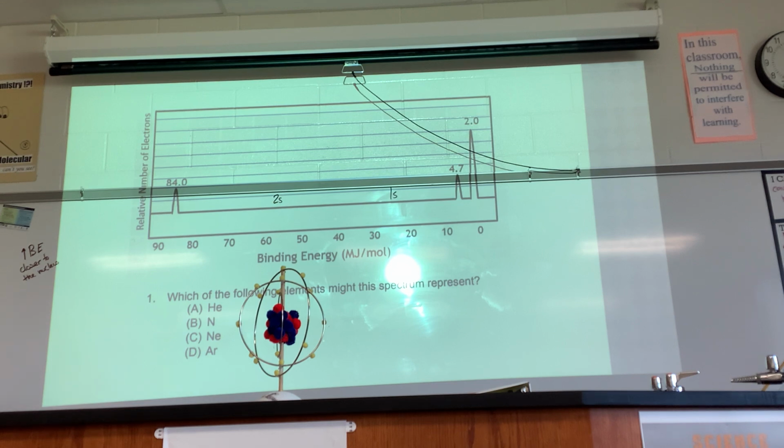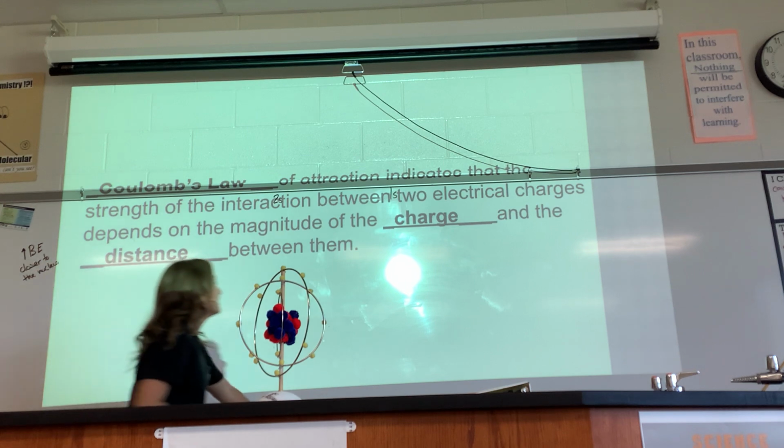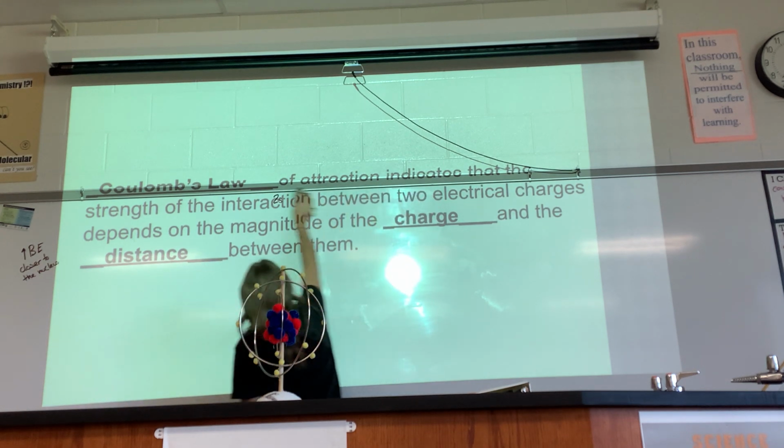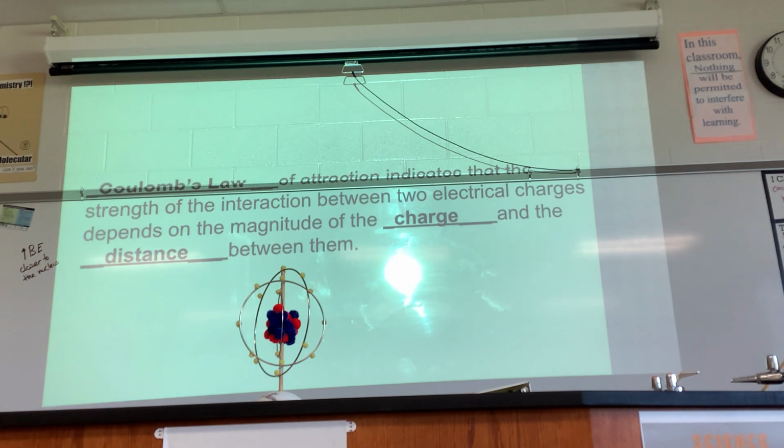The big thing of today, as I mentioned, is this idea about positive and negative attraction in Coulomb's law. Coulomb's law is all about the interaction between two electrical charges being based on the charge, which is the magnitude of it, and the distance between them.